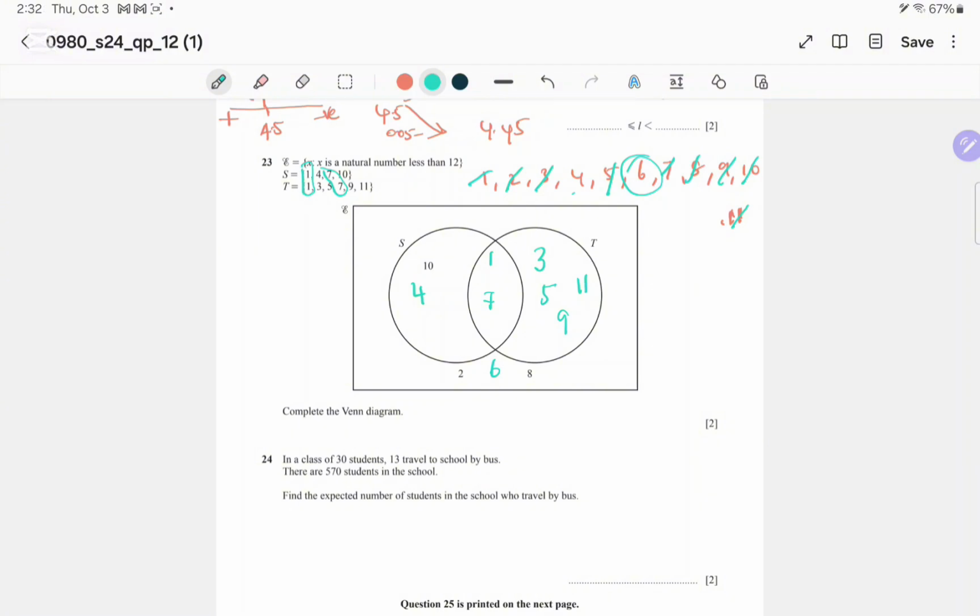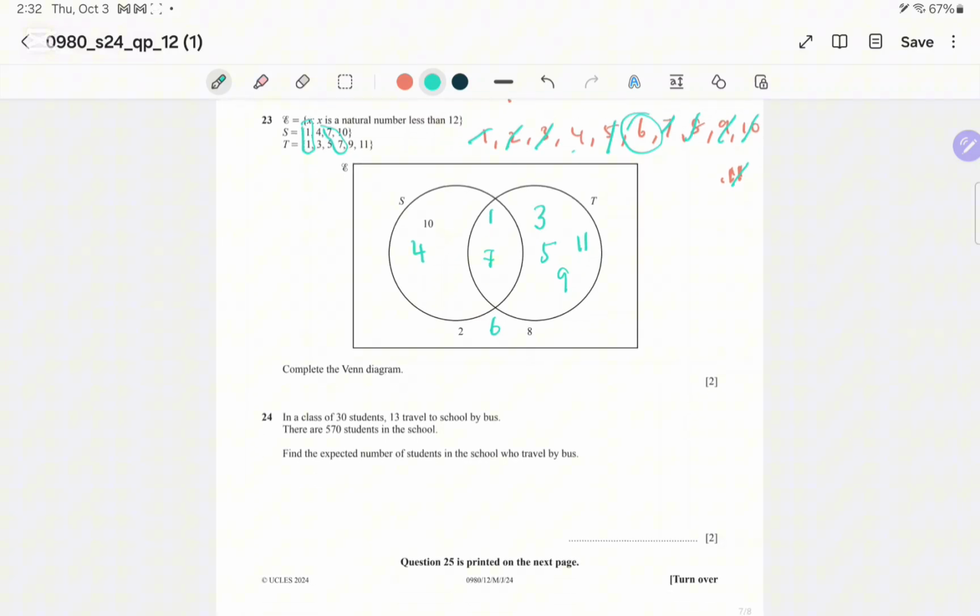Okay, next question, 24th. In a class of 30 students, 13 travel by bus to the school. There are 570 students. You have to calculate how many travel by bus. What is the expected number of students? So how will you calculate the expected number of students? Just a simple question. Okay, 13 is the number of students who travel by bus.